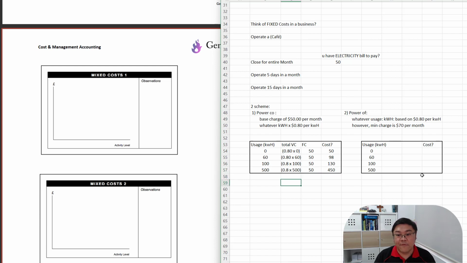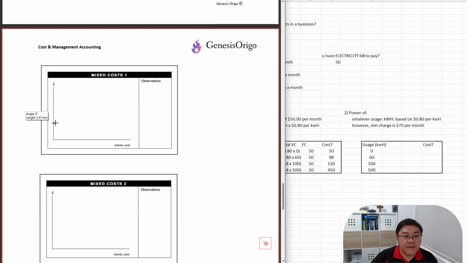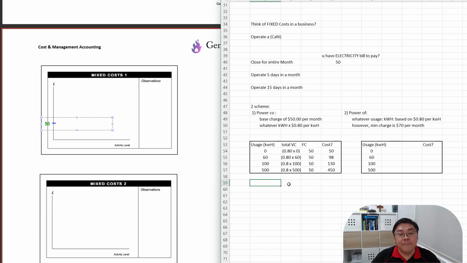You're going to get 450. So we are able to draw a line that shows the cost will start from here, suggesting that even when you have 0 quantity, the cost is going to be 50. But every time you go up by 1 unit or 1 kilowatt hour, you have to increase the cost by 80 cents.